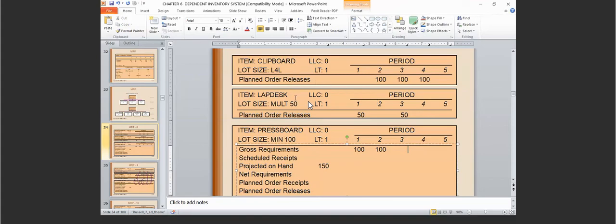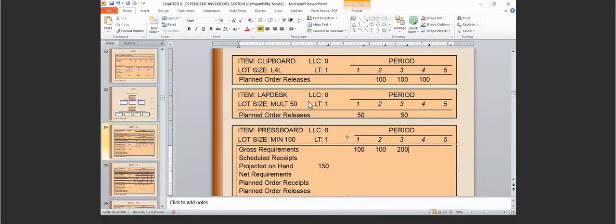Next, for the gross requirement of period 3, we have information from the MRP tables of the clipboard and lab desk. For the clipboard, we have 100 units in period 3, and 50 units in period 3 also for the lab desk. But the 50 units here must be multiplied by the 2 units usage of Freshboard.